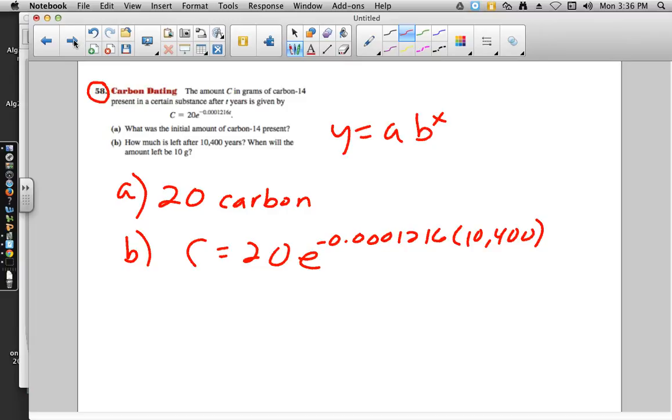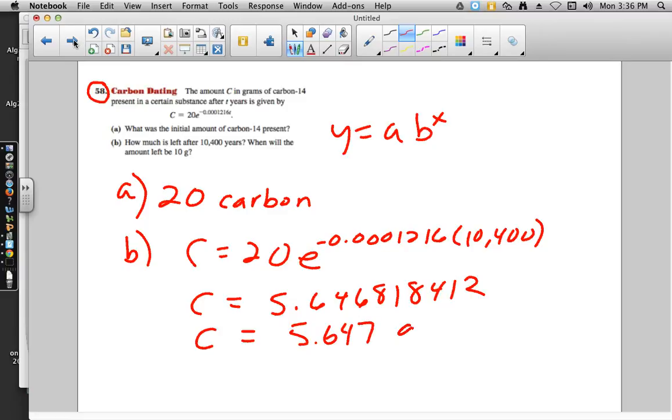If you didn't get the right answer, you might want to do the e to the power first, follow the order of operations, get that answer, and then multiply it times 20. So this comes out to be 5.6468184112. So the grams of carbon, 5.647 grams. And then the second part of B says, when will the amount left be 10 grams?